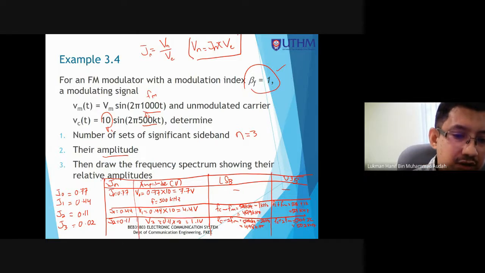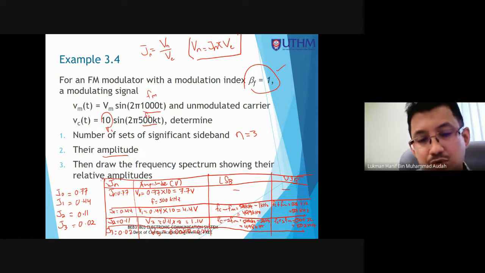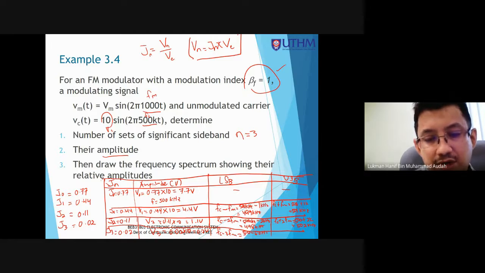Okay, and the last one is J3, which is equal to 0.02. So therefore V3 is equal to 0.02 multiplied with 10. So we get 0.2 volt. So LSB is equal to FC minus 3 FM.